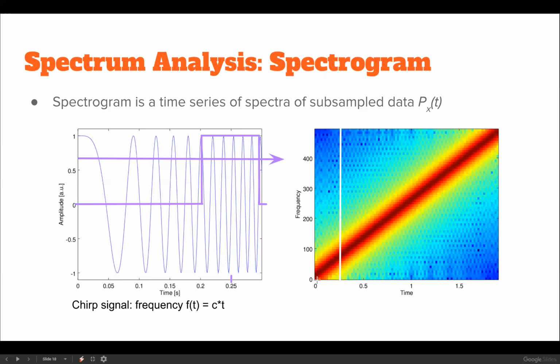And the spectrogram shows how the signal frequency changes by time. Okay, this one was a chirp, which is the kind of sound you can easily imagine.